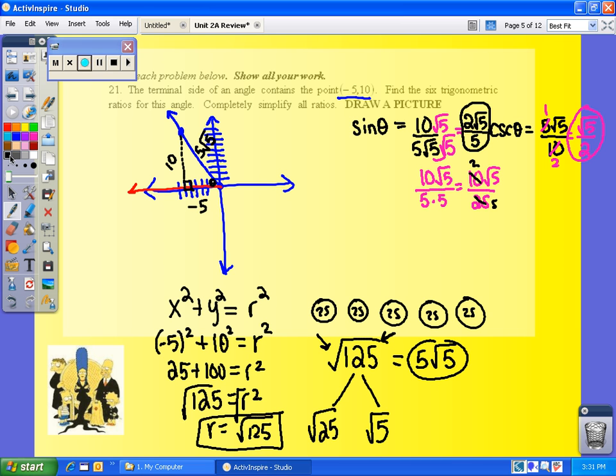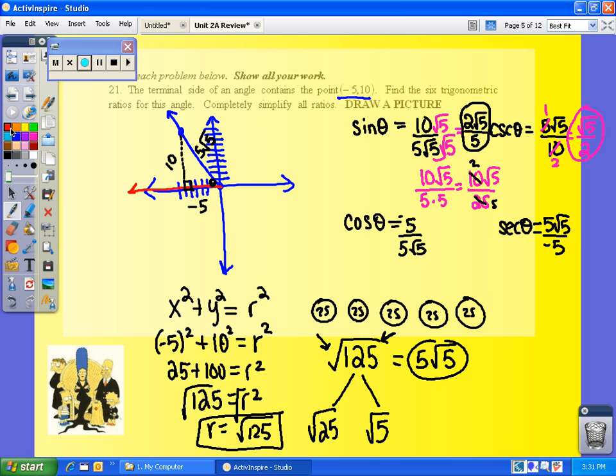Alright, the next one is cosine. Cosine is adjacent over hypotenuse. So before I even fix this, I'm going to do secant, which is hypotenuse over adjacent.